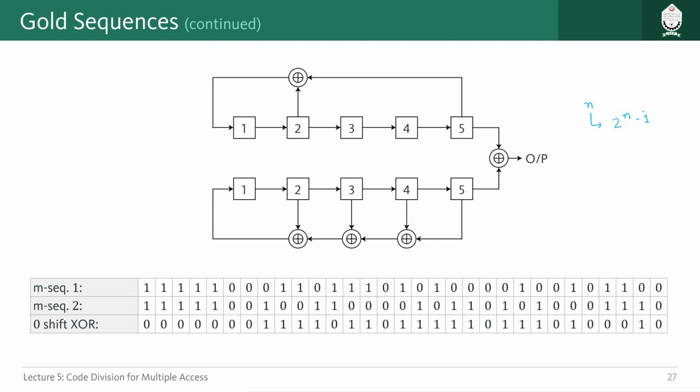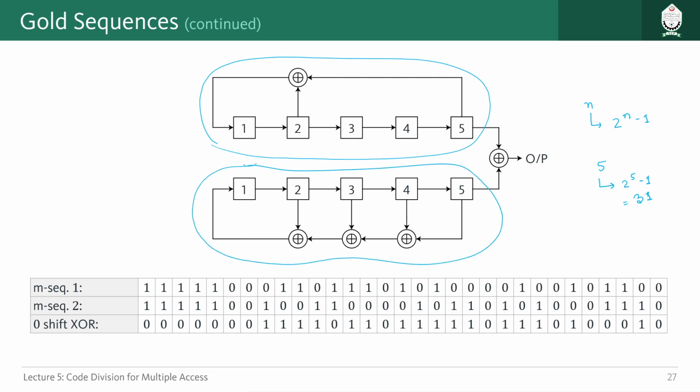That is the basic rule for maximal length sequences. So in this case, as both of them have a length of 5 bits, the length of the generated M sequence should be 2 to the power 5 minus 1, which is 31. So each of these LFSRs should generate an M sequence of length 31 bits. This one also and this one also, right?